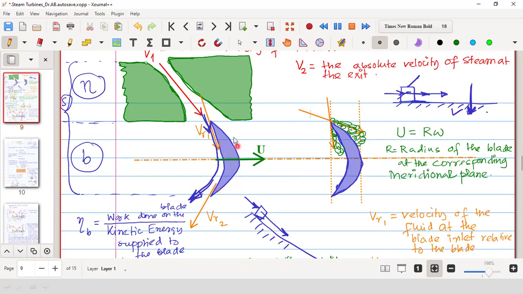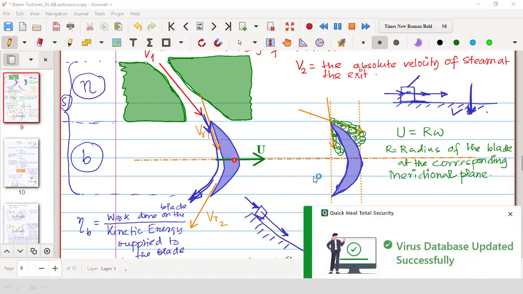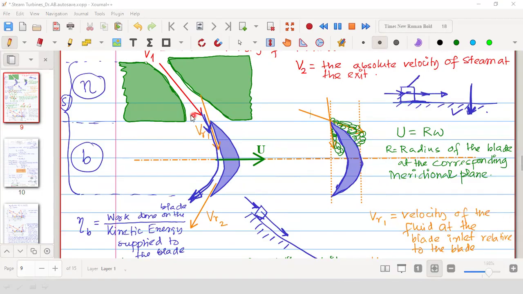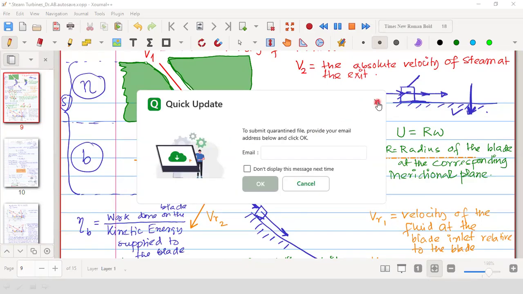Initially, the blade was static. Now, as the force is applied on the blade, the blade starts moving. That is the working of the steam on the blade. So the work is done on the blade, and there should not be any confusion.